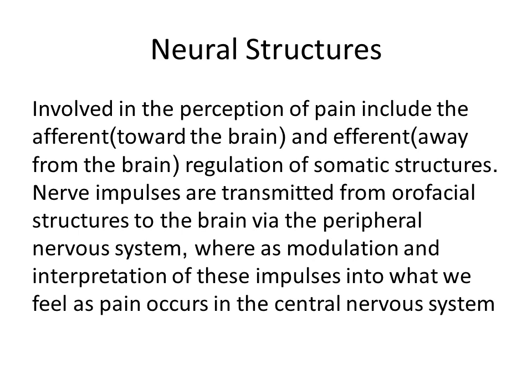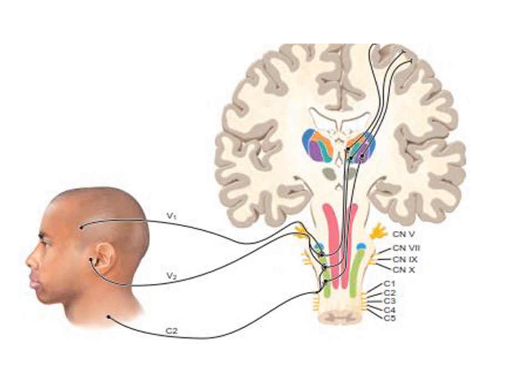Nerve impulses are transmitted from the orofacial structures to the brain via the peripheral nervous system, while the modulation and interpretation of this impulse into what we feel as pain occurs in the central nervous system. So we have the site of the pain, which is the source, the site of the trauma. We have the nerves that are the transmitters, and we have the brain that receives the signal, modulates it, and gives us another signal.